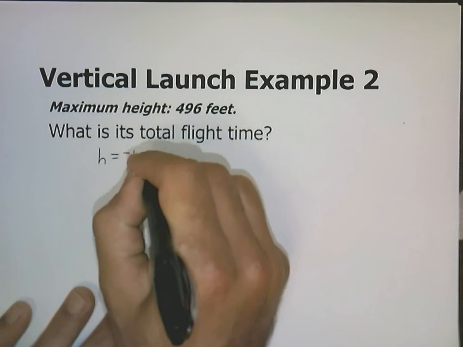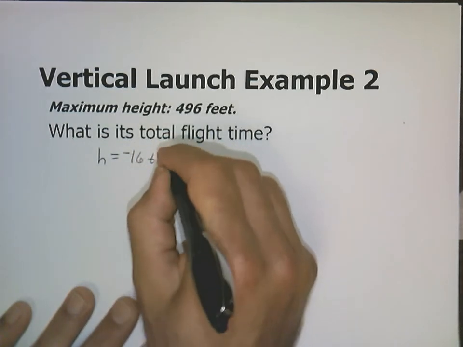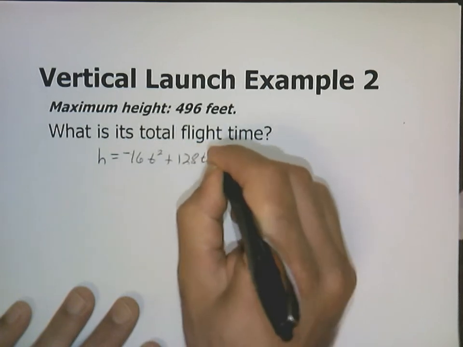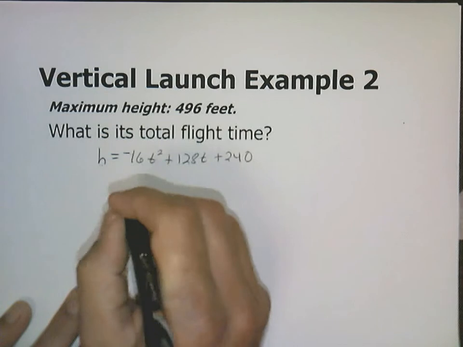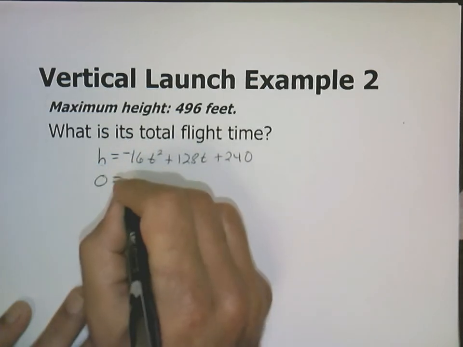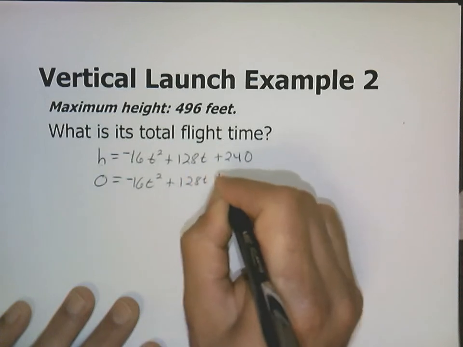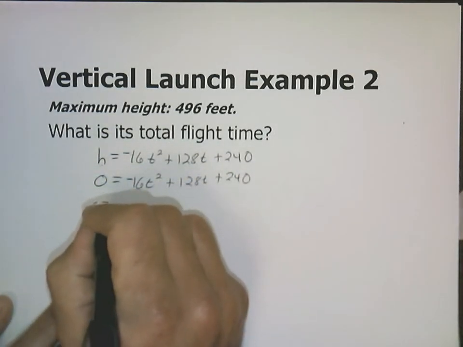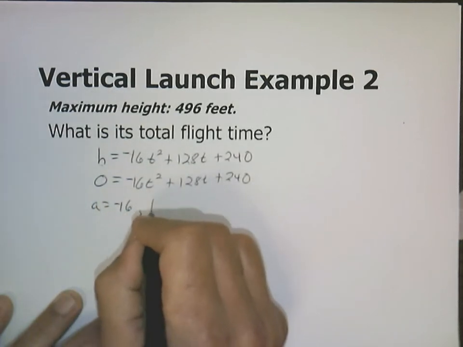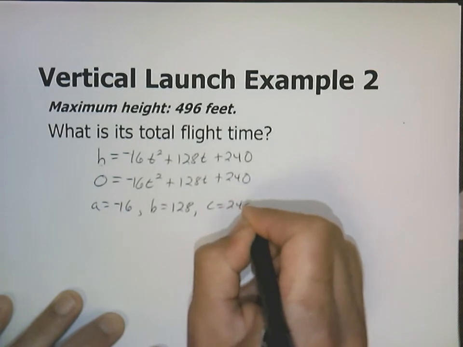And again, our equation was h equals negative 16 times t squared, plus 128t plus 240. We want to know when the height is 0, so really we're solving this equation. So of course, a is negative 16, b is 128, and c is 240.